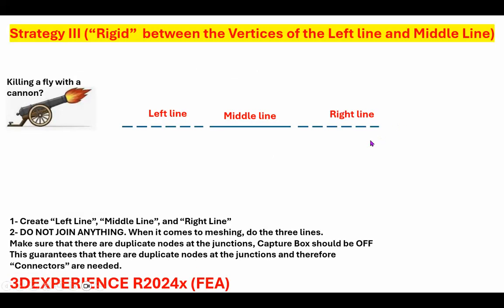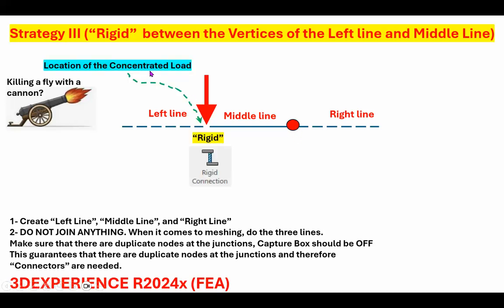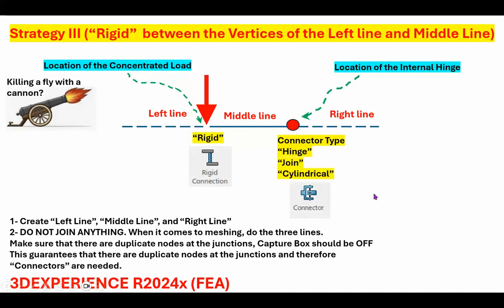Okay, so here's my strategy. Three lines: left line, middle line, right line. The concentrated load goes there, and a hinge goes here. And this one I make a rigid connection, and this one is going to be a hinge connection. In tutorial 10, I showed you that whether I use hinge, join, or cylindrical connection, it'll give you the same answer, but I will use hinge.